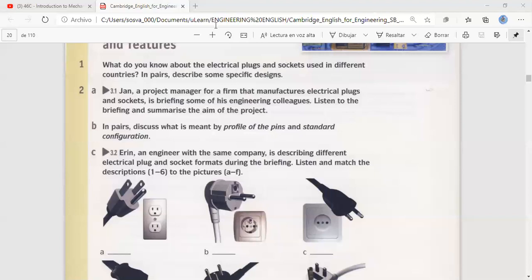When you look at the various types of plugs and sockets in different countries, most designs have a basic layout that's existed for decades, in terms of the way the pins are laid out and the profile of the pins. And as a manufacturer, the position of our company has always been, basically, to accept that we're stuck with several standard configurations and to effectively say to customers, we produce all the main formats, take whichever one you want. However, as I'm sure you know, many countries use plugs and sockets of more than one format, and this leads to a competitive situation, with some configurations becoming more popular and others progressively being abandoned.